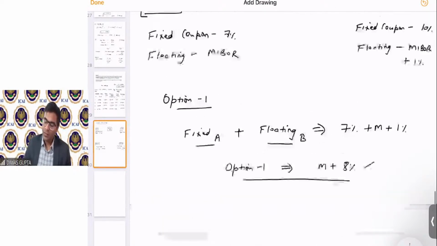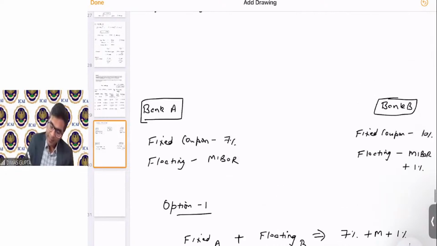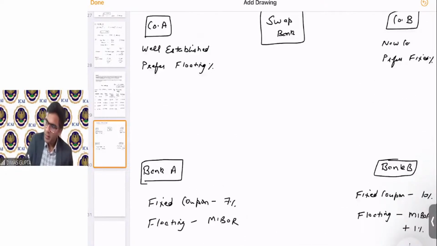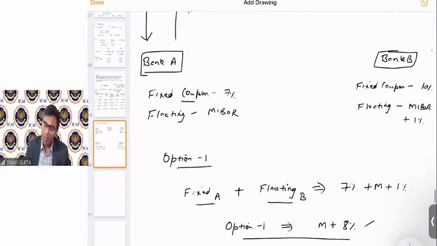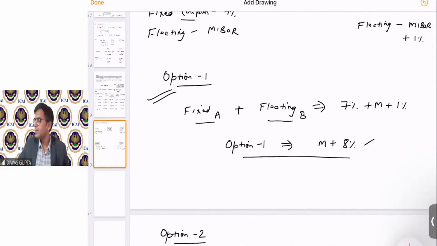Okay, now if you see, Company A is instructed by the Swap Bank to take a loan from Bank A, correct? So this is a loan taken, and Company A will pay at the rate of 7%, students. Because Company A will borrow in fixed, right? Because that is the better option, for Company A to borrow in fixed.